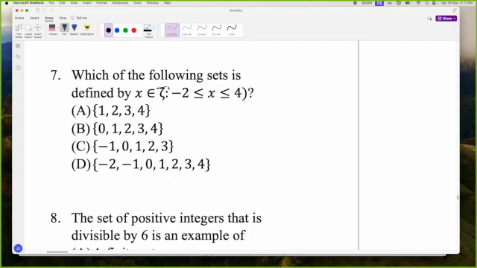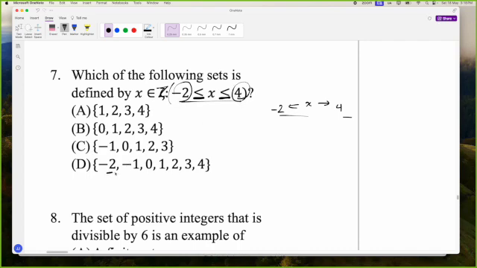It's supposed to be x is an element of Z, I think. Right? Such that, and the bracket's supposed to be here, right? So x is between -2 and 4 on the number line. And because you have this equal sign here, it will include the -2 and the 4.